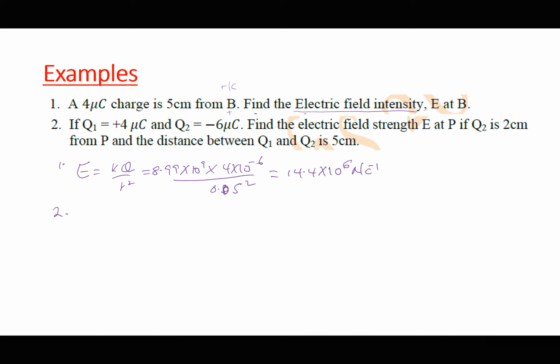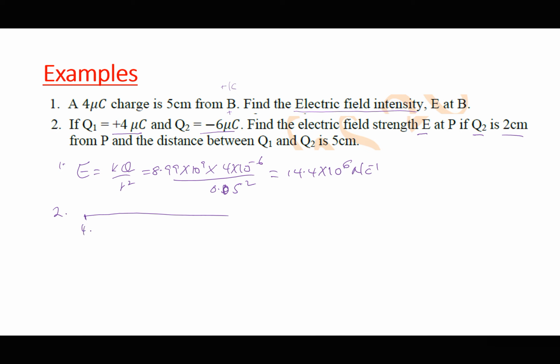Number 2, if Q1 and Q2 are equal to that, find the electric field strength E at P if Q2 is 2 centimeters from P. So let us assume we have two charges as given.